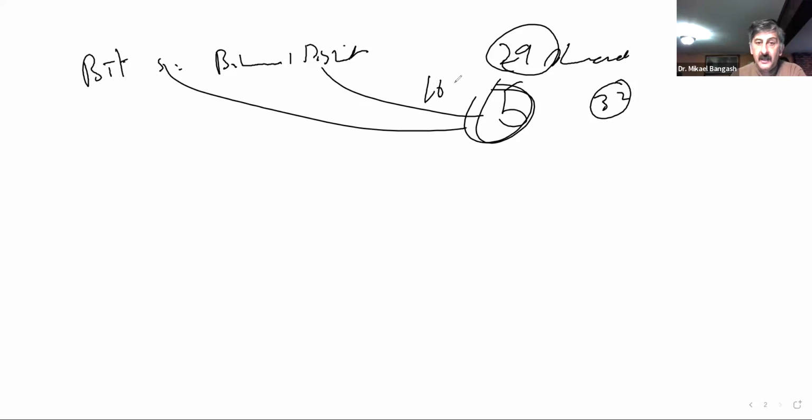So 17, 18, 19, 20, 21, 22, 23, 24, 25, 26, 27, 28, 29, 30, 31, 32 shades would need a minimum of 5 bits. Here they just asked how many were needed for 29.